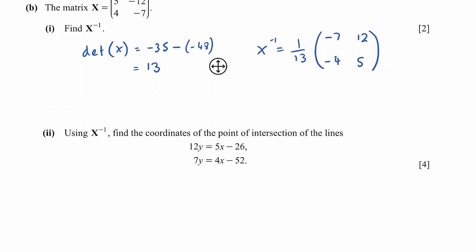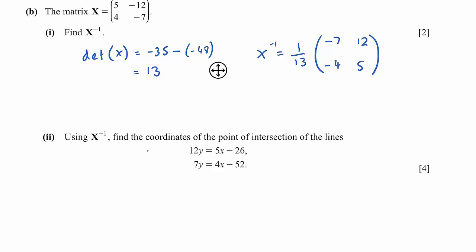And then using that matrix, we want to solve these simultaneous equations, essentially. So we need to do a bit of rearranging here. So 5x minus 12y equals 26, if we swap that one around. And then we've got 4x minus 7y equals 52.